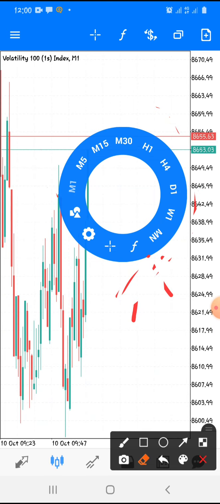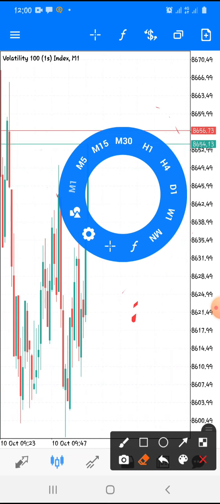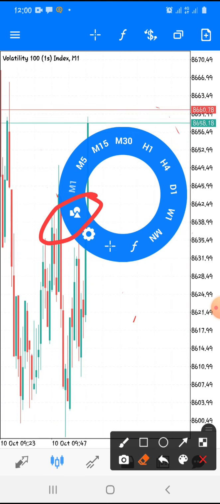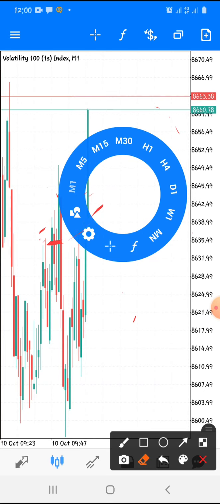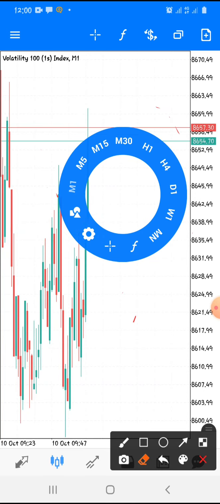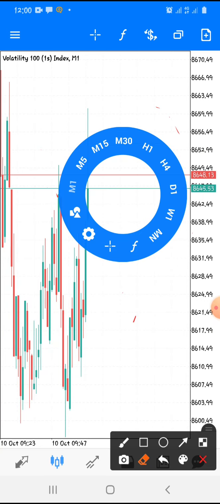But if you want to draw certain patterns on your chart, you will find those patterns in this icon. So when I'm talking of the different time frames, from M1, it's 1 minute, up to MN, it's a month. So 1 minute, 5 minutes, 1 hour, daily, weekly, something like that.